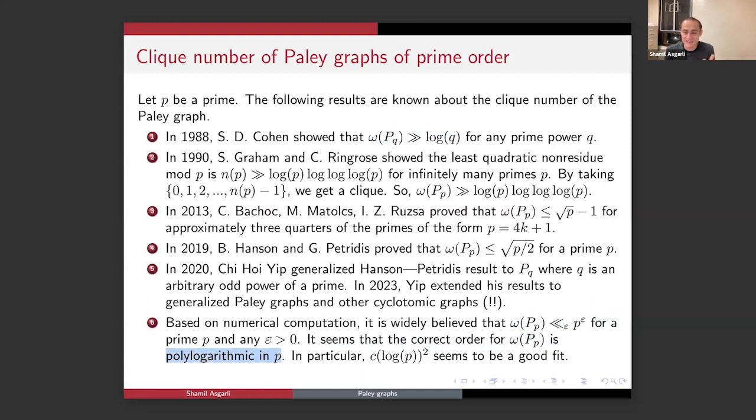So it's extremely tiny. In particular, I've seen at least one paper predict that some constant times log p squared could be a good candidate for the clique number of a Paley graph of prime order. So this is the state of the art for the clique number of Paley graphs and related graphs.